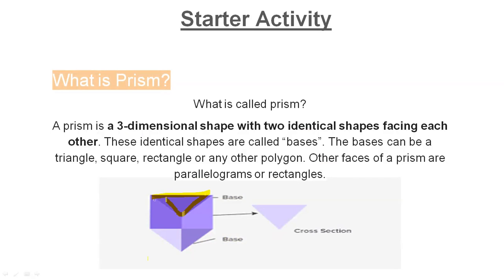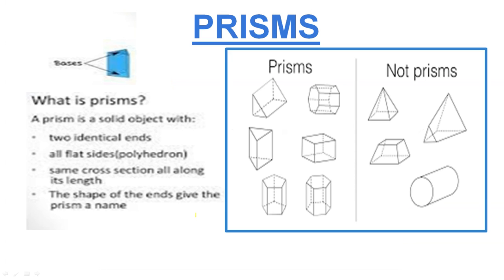This is called the base of the triangle, the top and the bottom area. While for those side faces, we are just allowing two shapes: the first one is the parallelogram and the second one is the rectangle. So we have to keep these two points in mind, and let's move on to see how many prisms we have and how we are considering them.